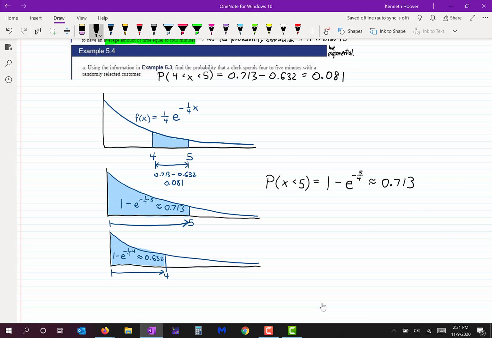Then the probability that x is less than 4 equals 1 minus e to the negative 4/4, which is negative 1, and that comes out to be 0.632.